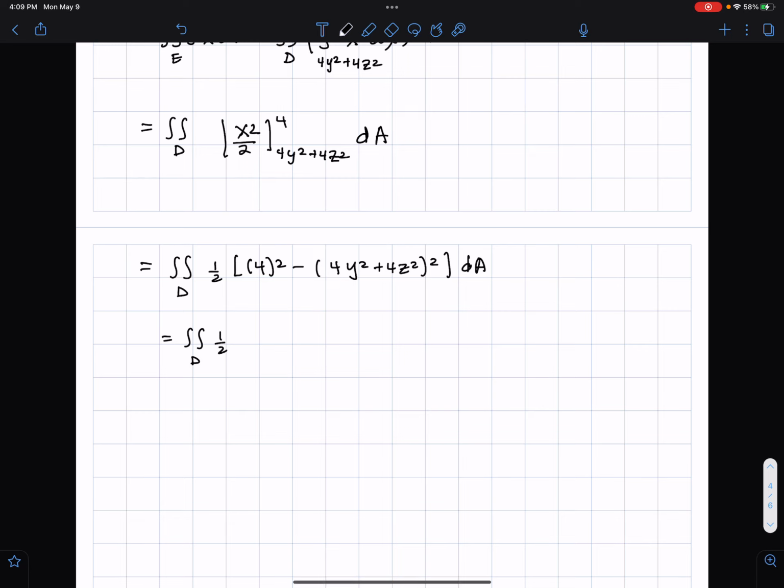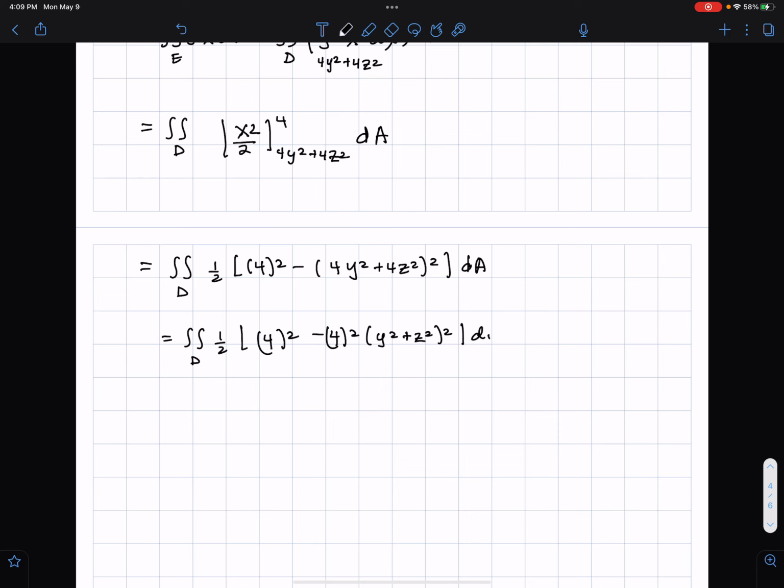not too much too quickly. 16 minus, all right, let me point out I can factor out 4. Let me just not go too quickly. I have 4 squared, and then I can factor out from here the 4, but make sure I square it. And then I still have y squared plus z squared.